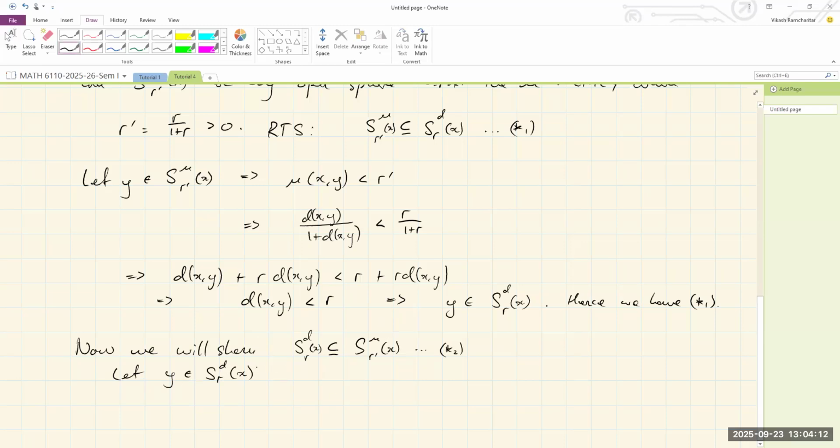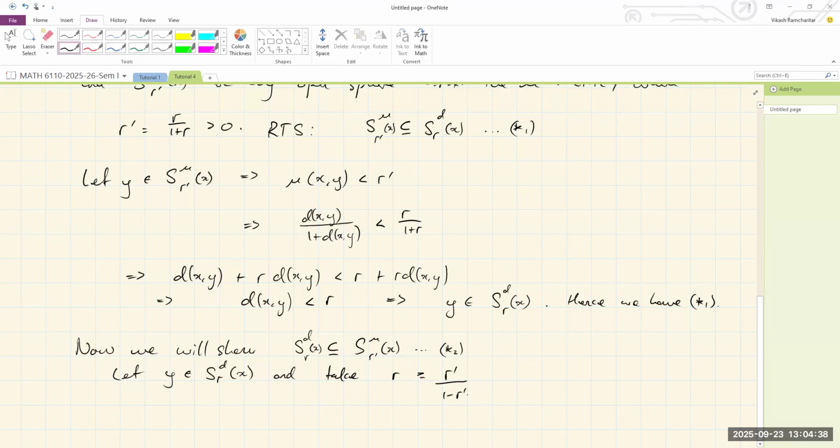So now I need to give you the relationship between r and r prime. In this case, we are given r prime, and take r to be equal to r prime over 1 minus r prime.